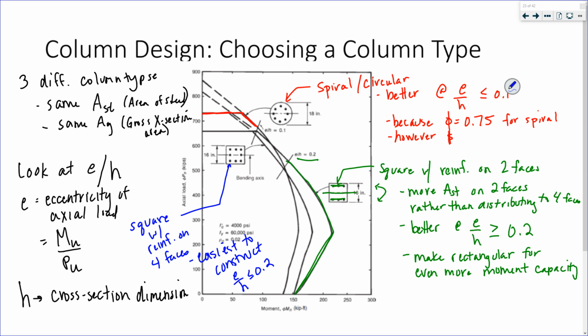So if you have a really high moment, you're going to want to distribute that reinforcement to only two faces. But if you're in the middle, if you have less than 0.2 for your e over h, just do a square with reinforcement on four faces, unless the architect or the owner, somebody really wants that spiral. Unless it's really justified to. I mean, maybe it's justified cost-wise, but stick with the square on four faces if you have e over h less than 0.2.